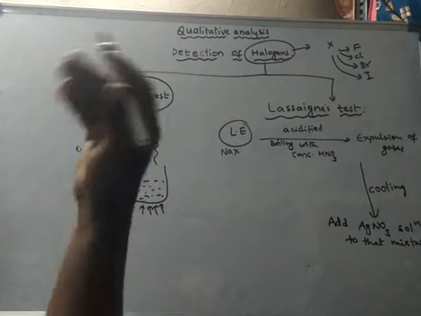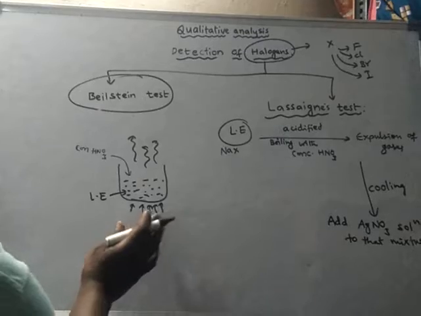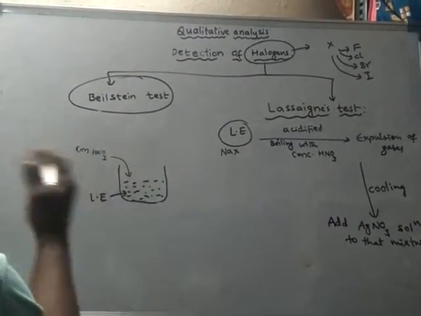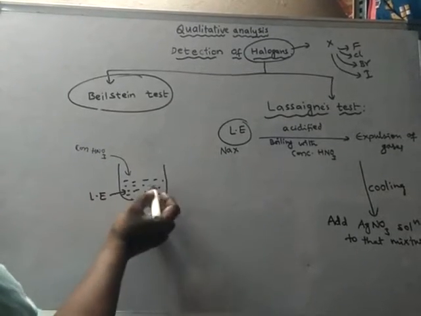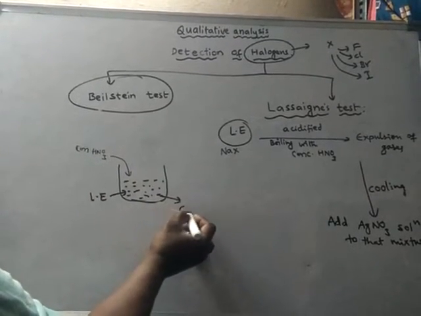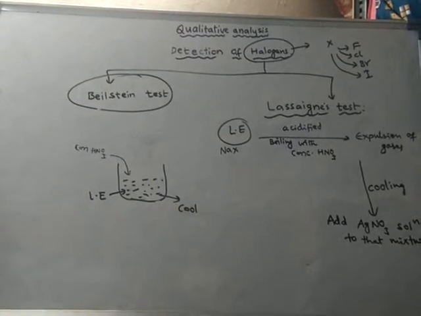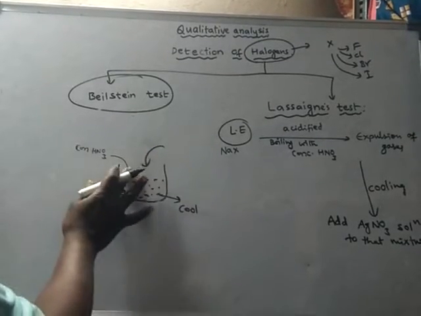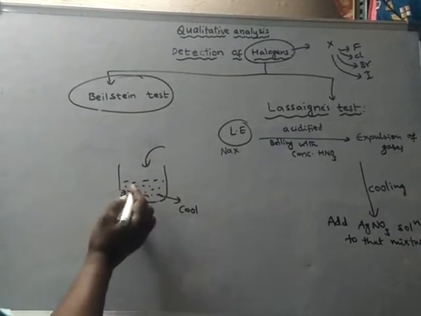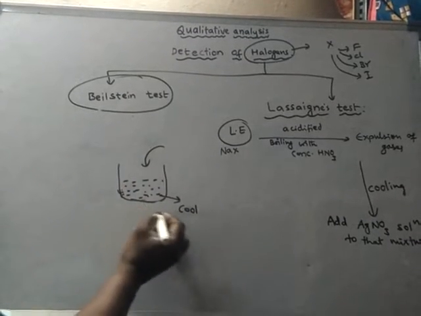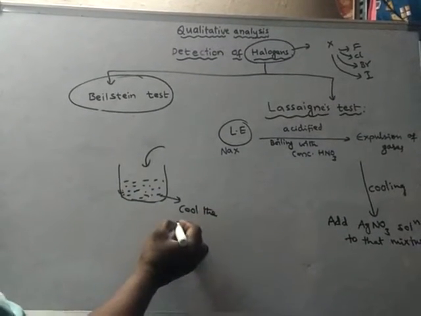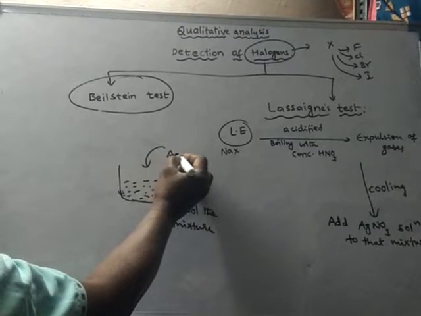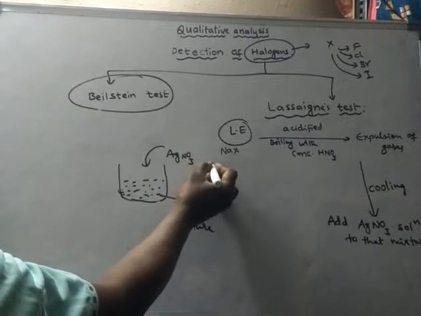Now stop heating, and all these gases are removed. Cool this mixture. Now add silver nitrate, AgNO3, solution to that mixture.